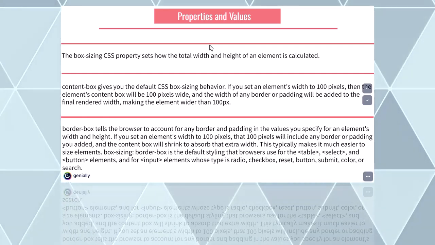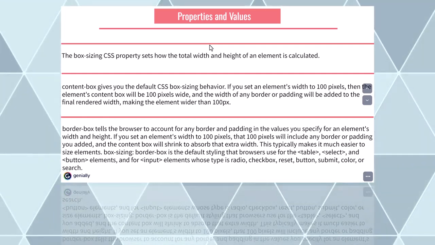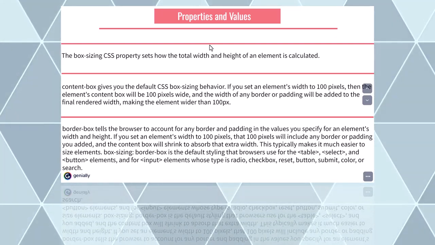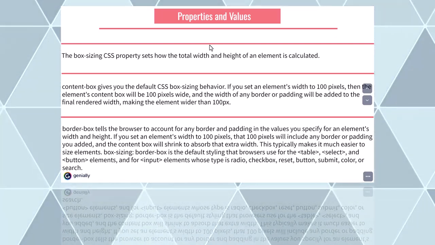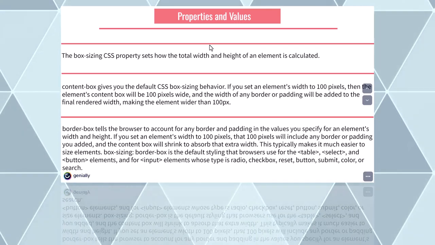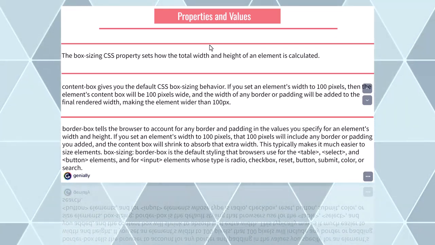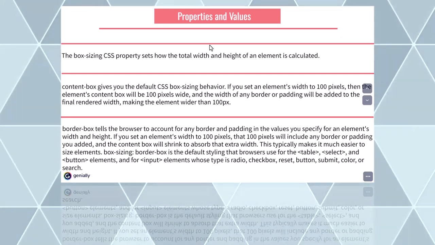So if your parent container had 10 pixels of width, then your box content is now 5.